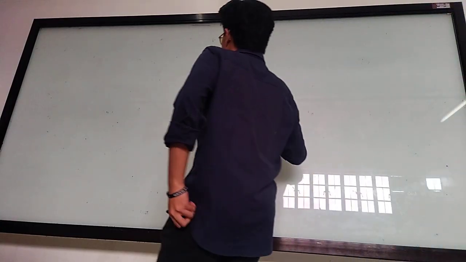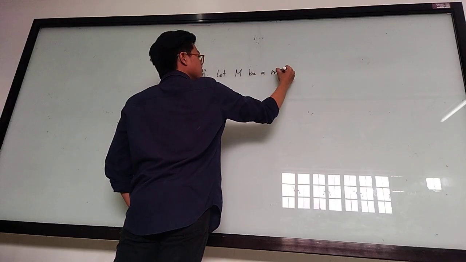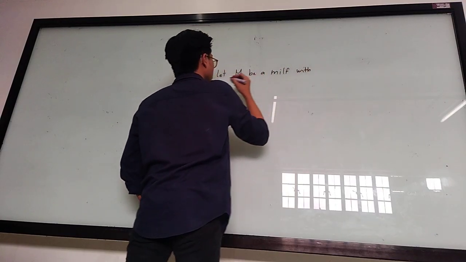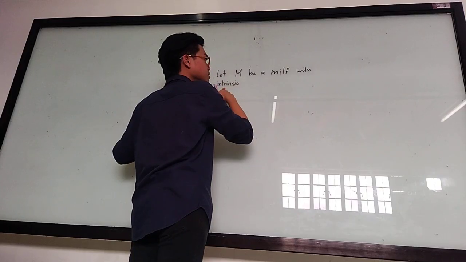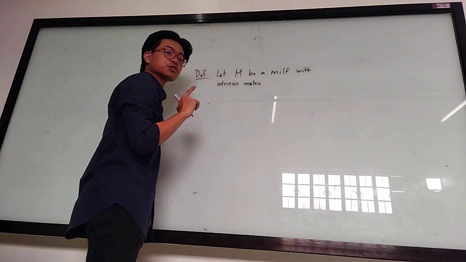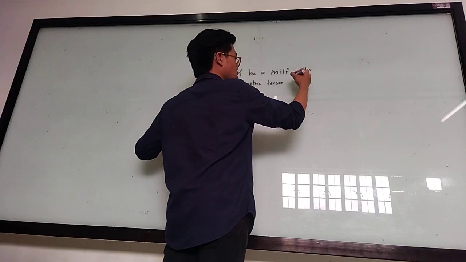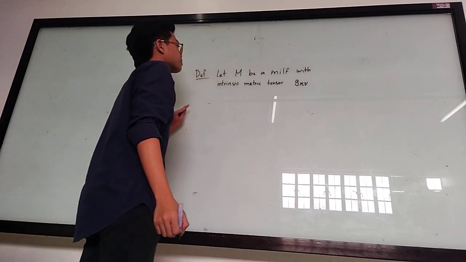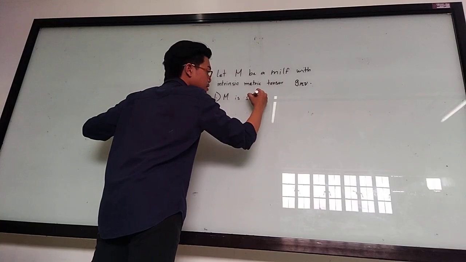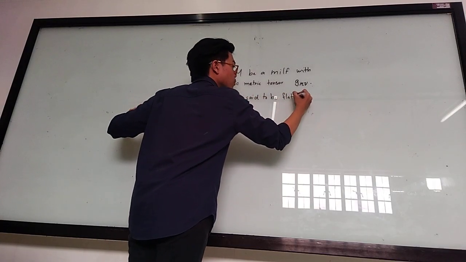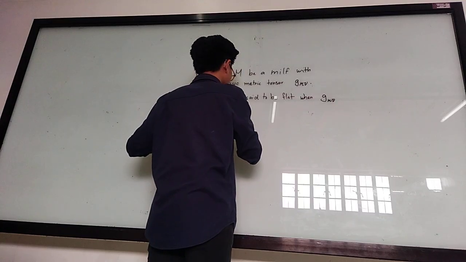So my definition is as follows. Let M be a MILF with intrinsic metric tensor, so the metric tensor on the surface of the world sheet, the intrinsic metric tensor g_mu nu. One, M is said to be flat when g_mu nu is Minkowskian or flat.